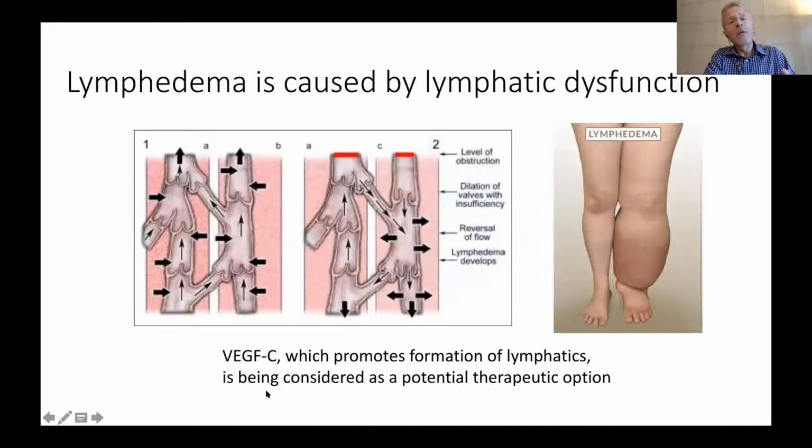Unlike anti-VEGF therapies in the eye, therapies for lymphedema which are being considered would be to use VEGF-C therapeutically, to add VEGF-C to these patients, for instance in a gene therapy scenario, which would promote the formation of lymphatics. That is currently being considered as a way to cure patients of lymphedema.